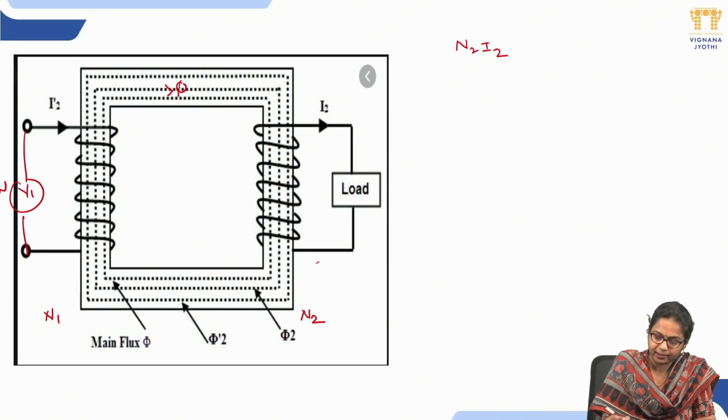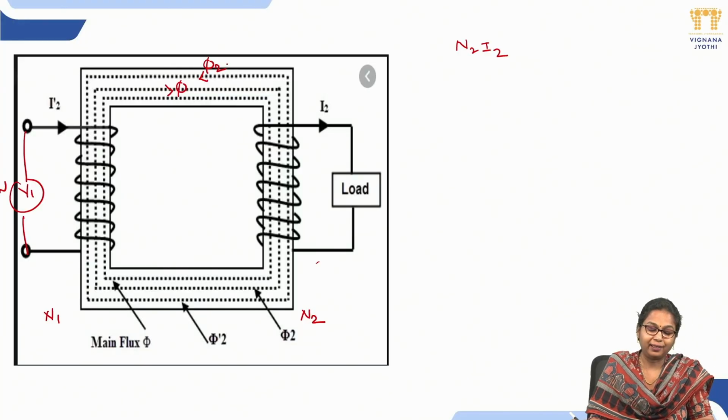This flux phi 2 always opposes the main flux, which is produced due to the magnetizing component of no load current. Hence this MMF N2 I2 is called demagnetizing amp turns.